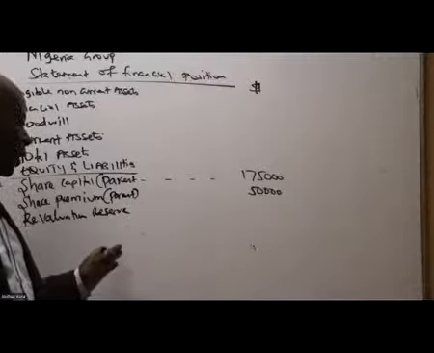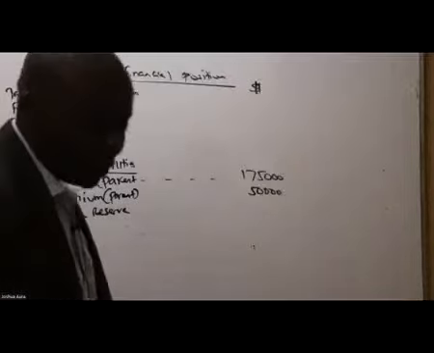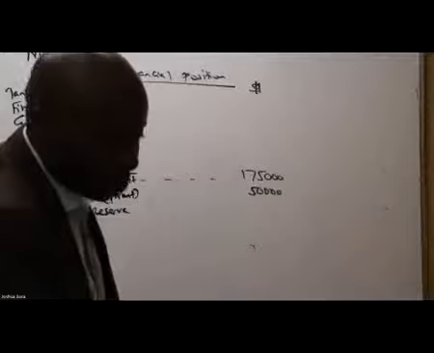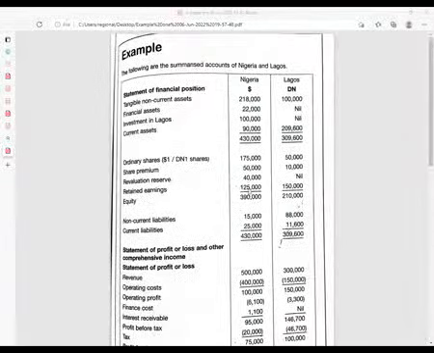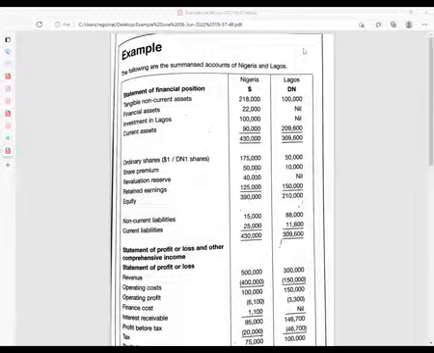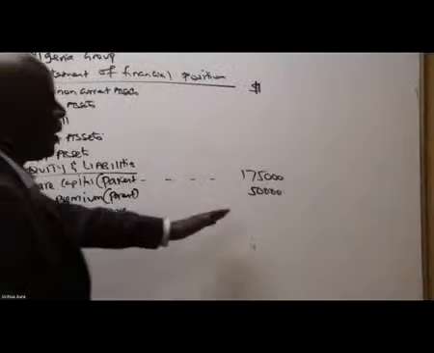So for the revaluation reserve, pick the figure of the parent only, but with possibilities of being adjusted. So revaluation reserve, I'll pick 40,000 alone.